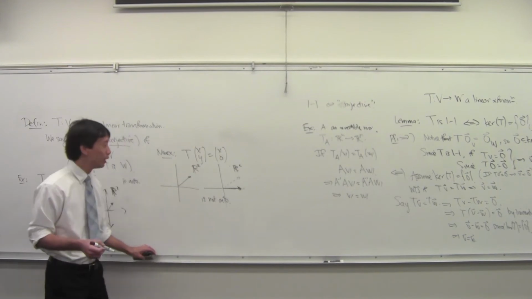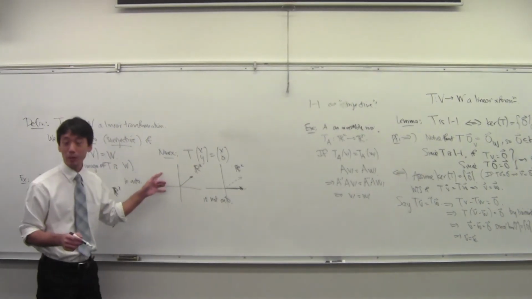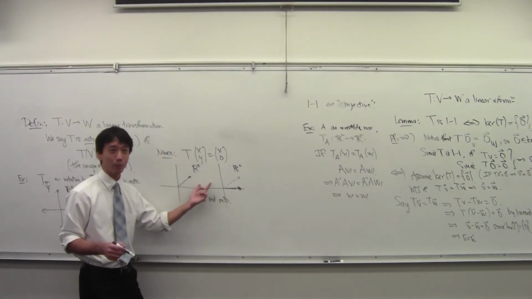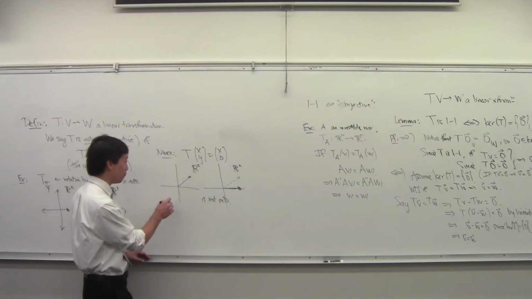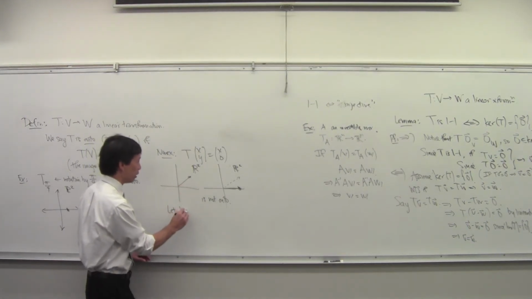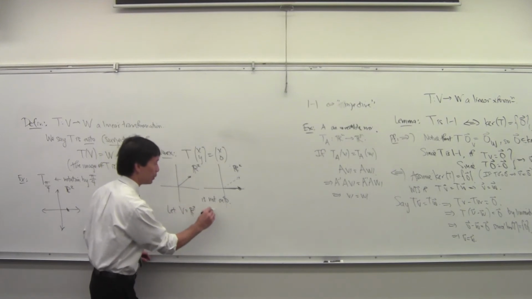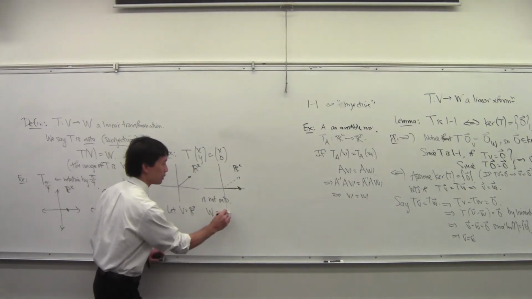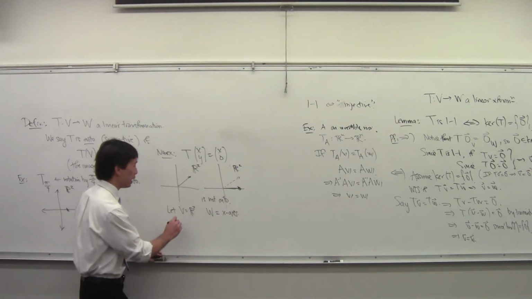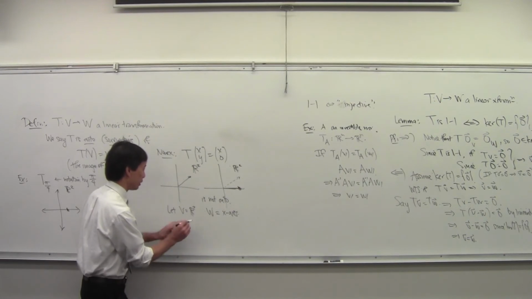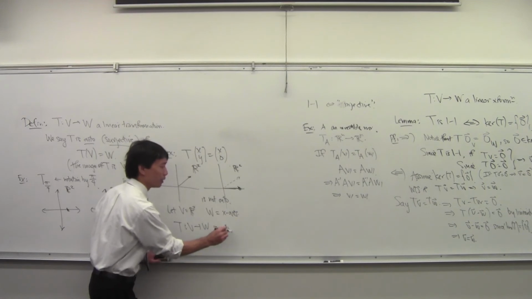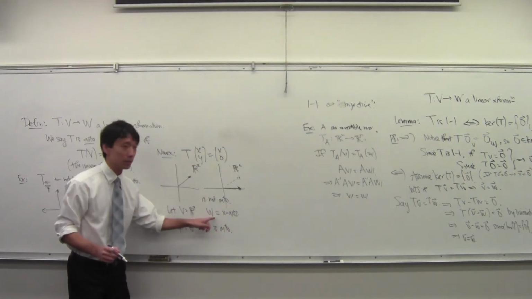Okay. Now I should say, everybody, please pay attention. This example can be sort of fixed in some way. If I let V be all of R2, and I let W be the x-axis, the subspace here, then in that case, if I think of T as a map from V to W, it is onto. It's onto this subspace.